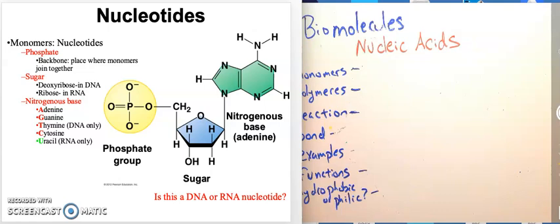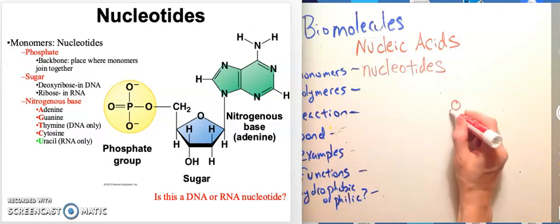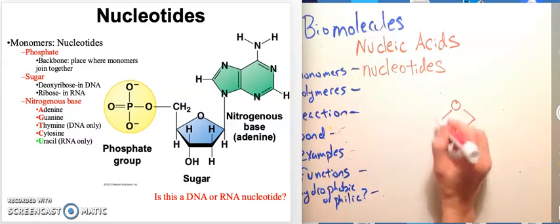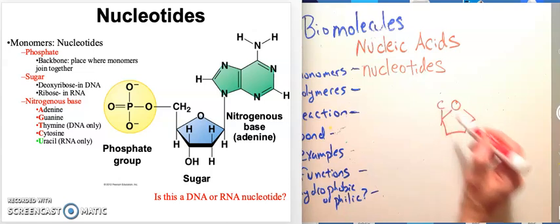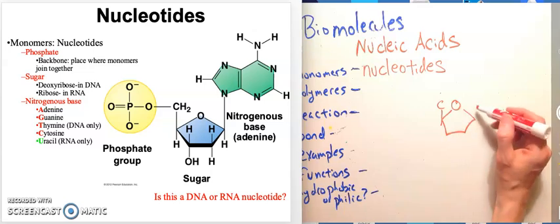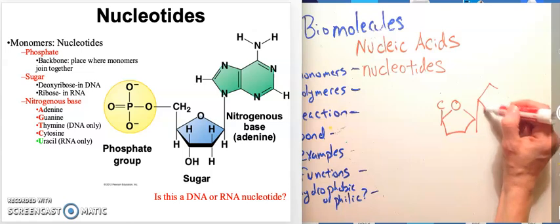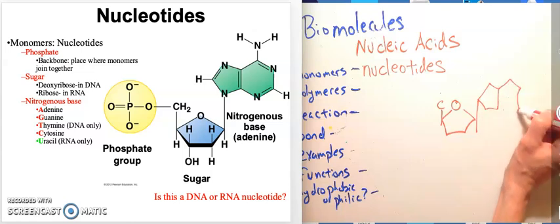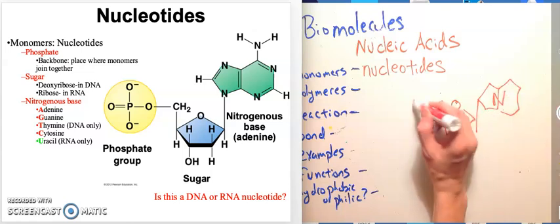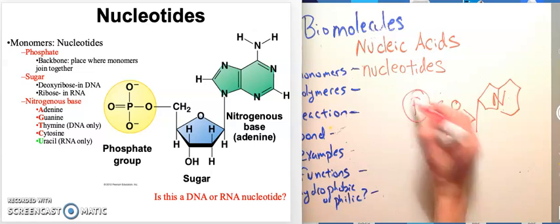The monomers of nucleic acids are nucleotides. Nucleotides are made out of 3 parts. In the center there is a sugar. This is a 5-carbon sugar that is attached to a nitrogenous base on one side and a phosphate group on the other.